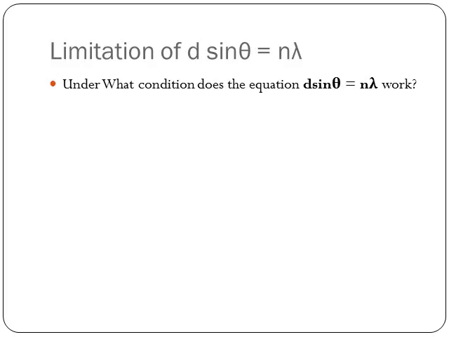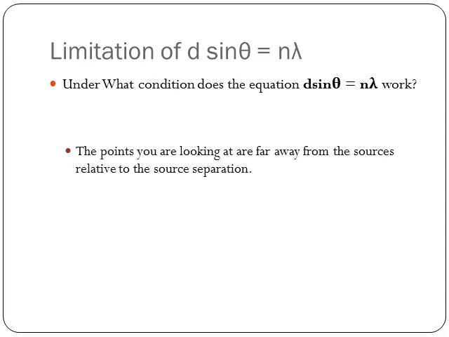However, you need to know that there are certain conditions under which this equation really works, under which we can actually get an interference pattern that follows this equation. And so we should know the limitations of this equation. First of all, the points that you're looking at have to be far away. Remember, we derived this equation assuming that the point we're looking at is far away from the sources.